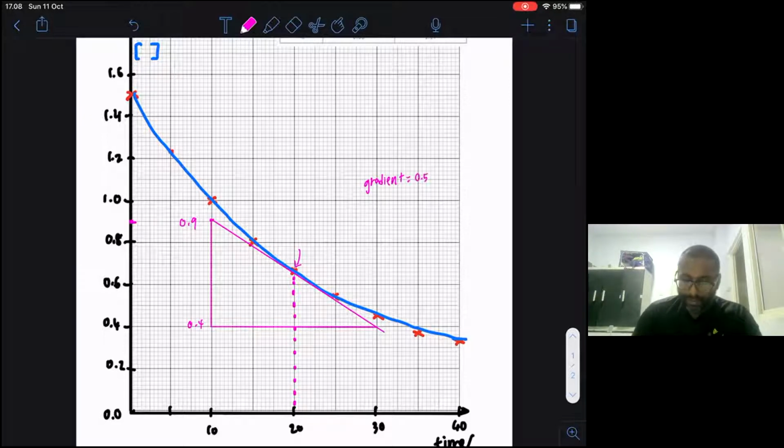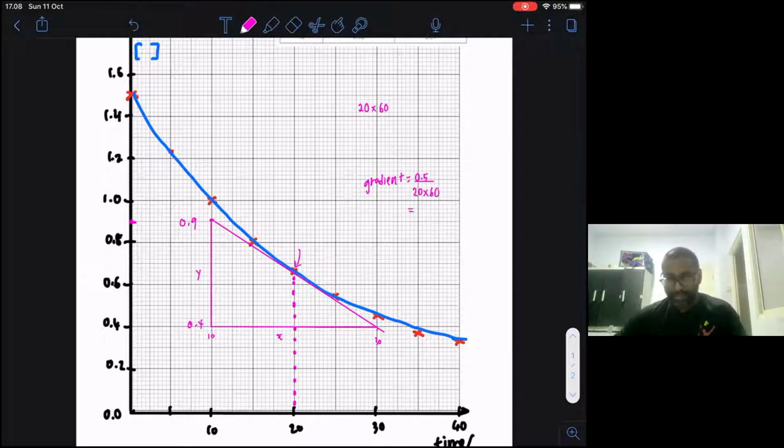That's going to be your difference in y, and this is going to be x. If you see 10 and then you have 30 over here, so it's 20 minutes. So divide by 20 minutes, and if you want to change it into seconds, 20 times 60. You can actually do that.